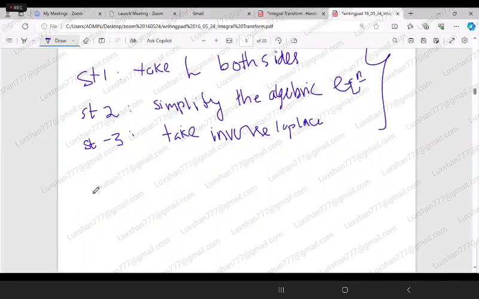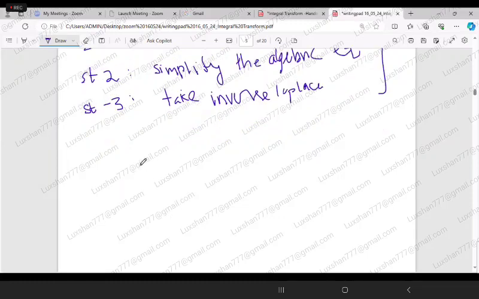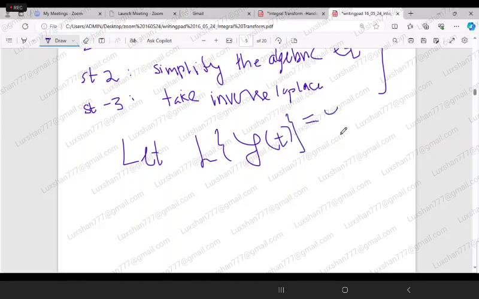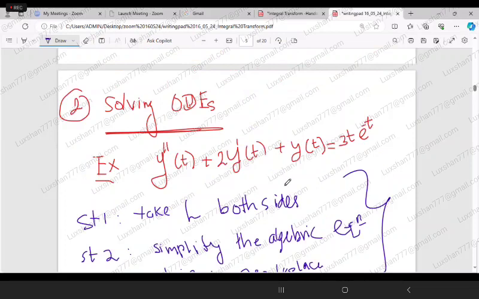So first of all, we have to say one thing, that is, let the Laplace transform of function y(t) equal Y(s). Look here, one important thing: the variable is given in t. Sometimes the variable may be x, then no problem.